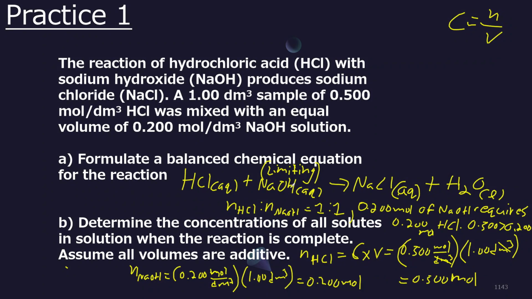So we shouldn't have any hydroxide solute ions at the end here, but we will have some HCl. How much HCl? Well, if we start with 0.5, and we're going to be using 0.2, we'll be left with 0.3, right? 0.300 mole HCl remaining.